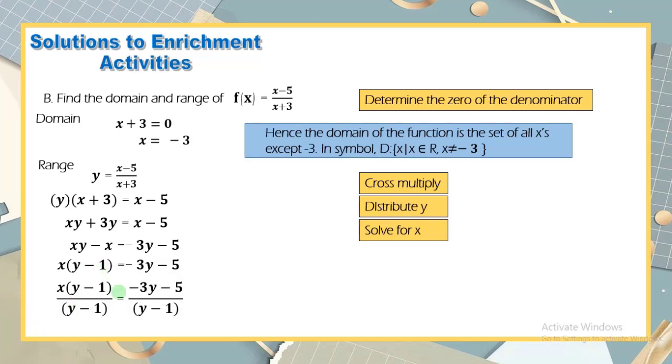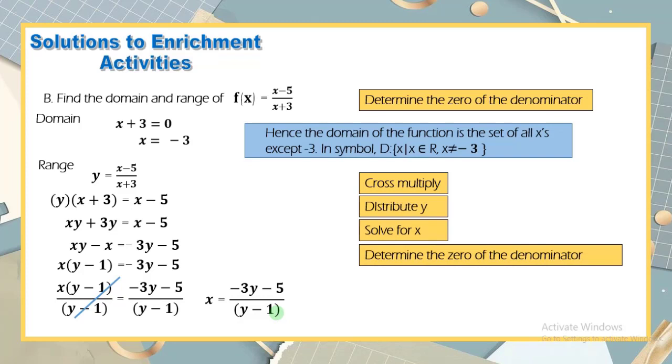Divide both sides of our equation by y minus 1 to eliminate y minus 1. So this will become x is equal to (negative 3y minus 5) divided by (y minus 1). So again, determine the zero of our denominator.